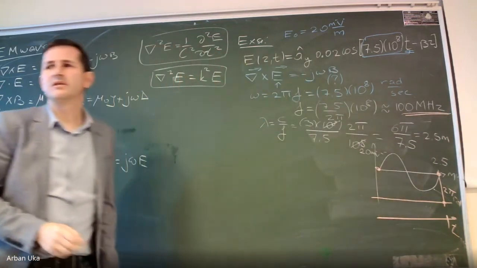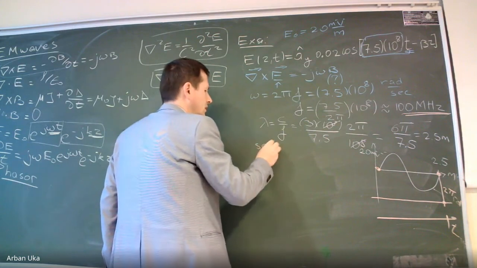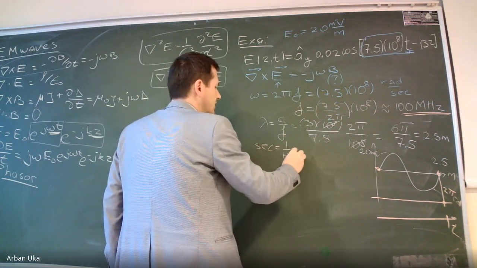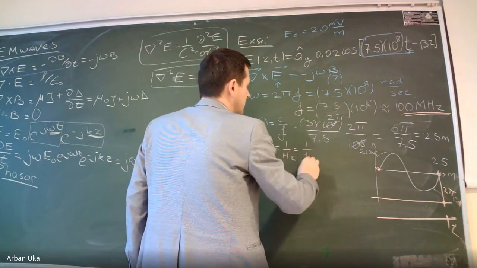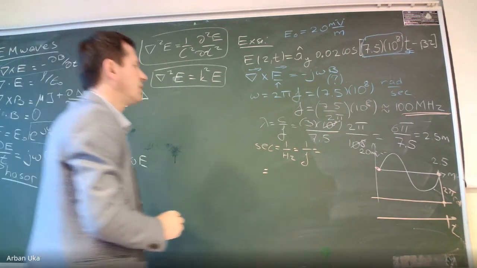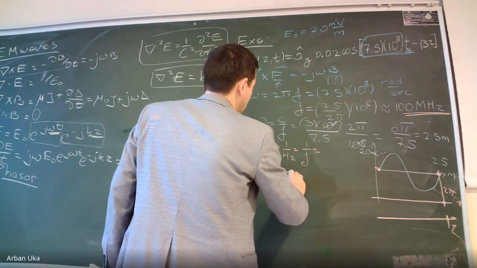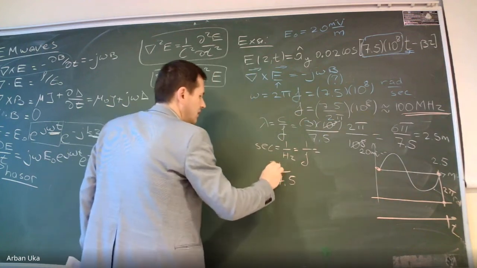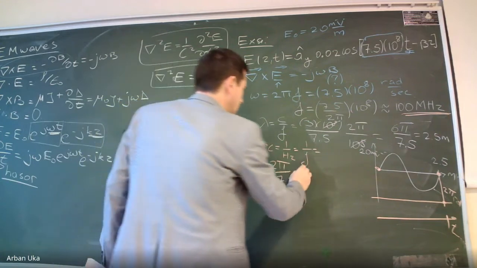Because for time we're looking for seconds, and seconds are equal to 1 over hertz, which means that this is equal to 1 over the frequency, which will be 1 over 7.5 times 2 pi.